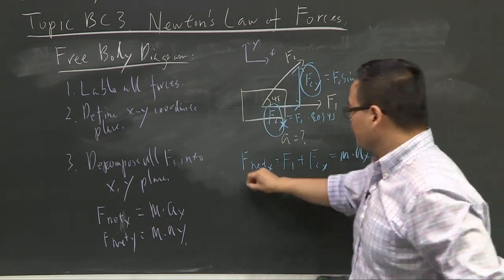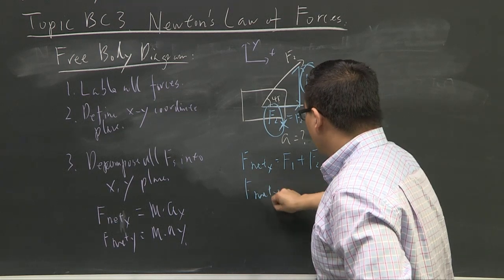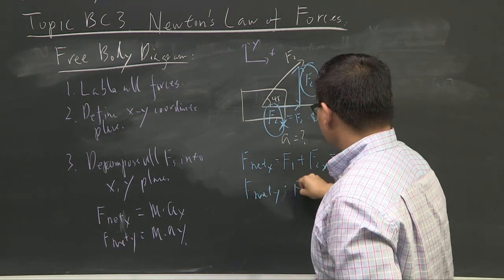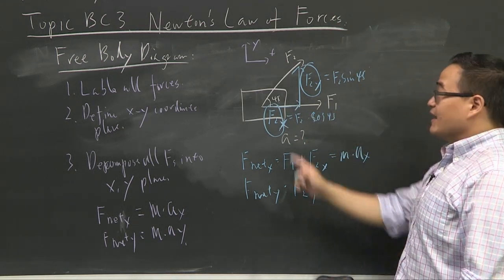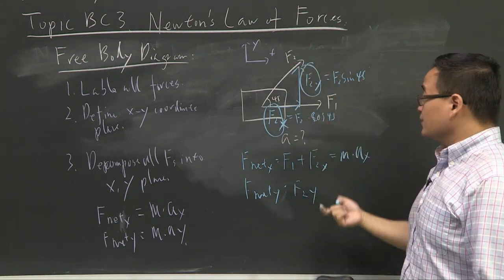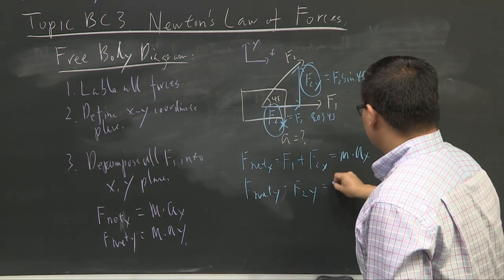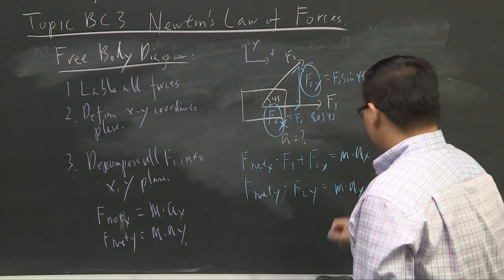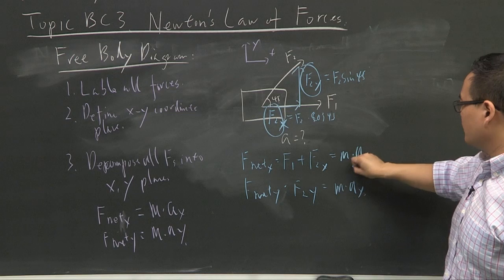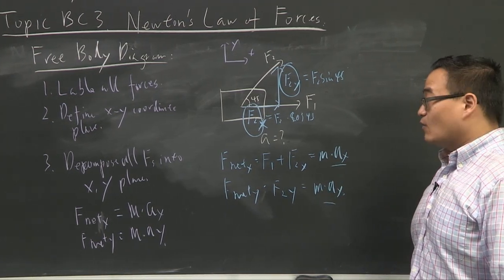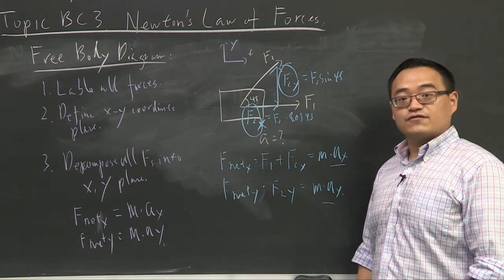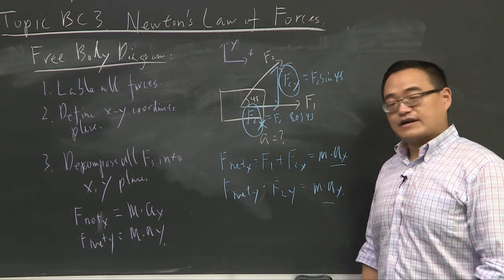F net of y will simply be F2y, because that's the only force in the y direction. Again, I define positive and negative, so it's easier. And that will be just mass times ay. So you get your component of a in the x direction, your component of a in the y direction, and you find the final acceleration.